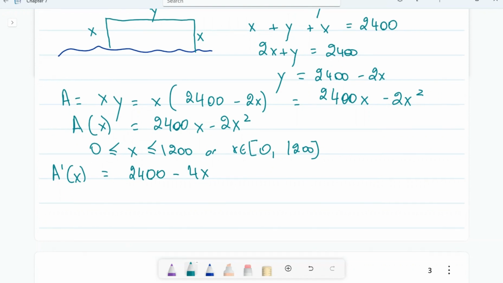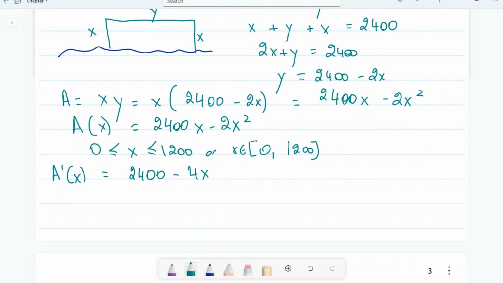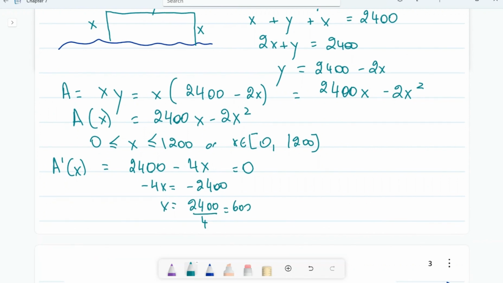In this problem, we will first set the derivative equal to 0 in order to find the critical points. So if we set it equal to 0, let us solve for x. Negative 4x equals negative 2400. So x equals 2400 over 4, which is equal to 600.